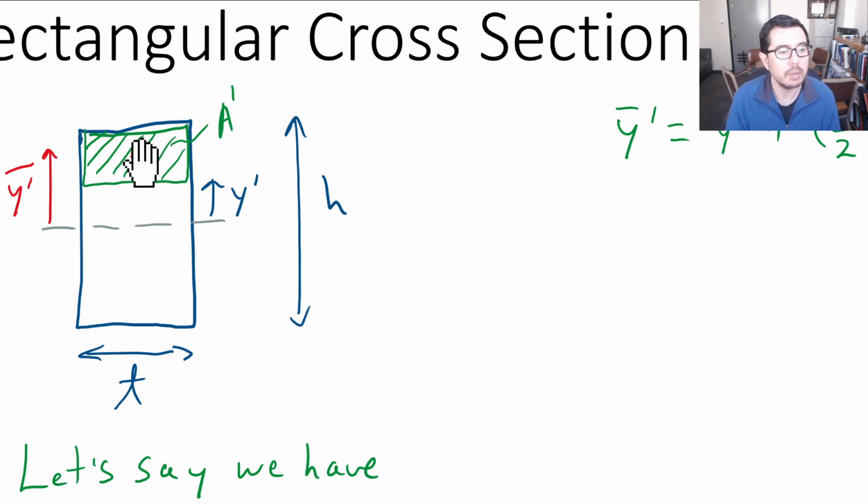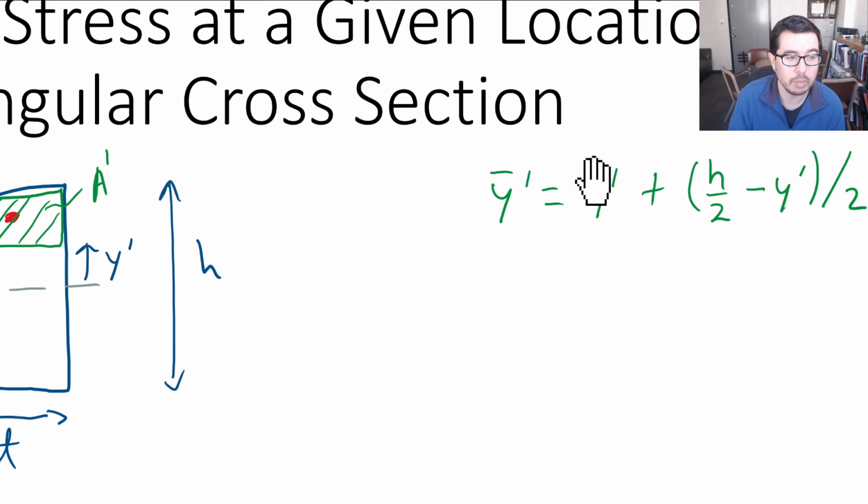That means I'm interested in figuring out where this centroid is relative to the neutral axis. And I know it's halfway up in between this green line and that green line. So I have to go up y prime already. That's what you see here. I'm going up y prime to that location. And then we need to know what is this distance from here to here? What's this extra little distance here?